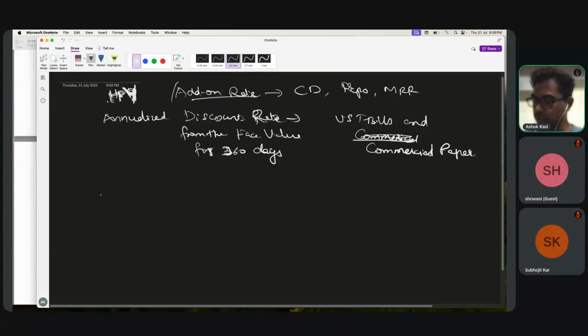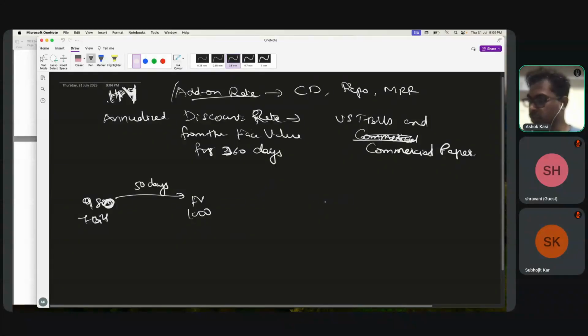For example, let's say 980 rupees is the present value of a treasury bill, and face value will be 1000 in, let's say, 50 days remaining for maturity.